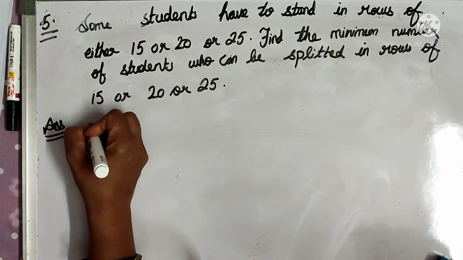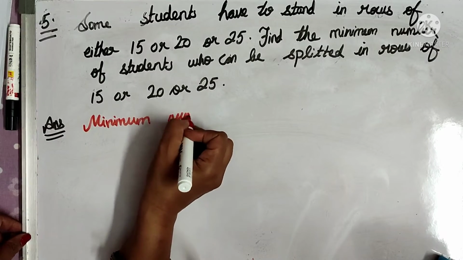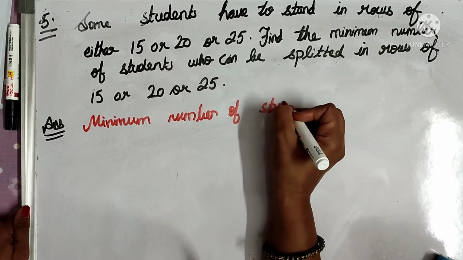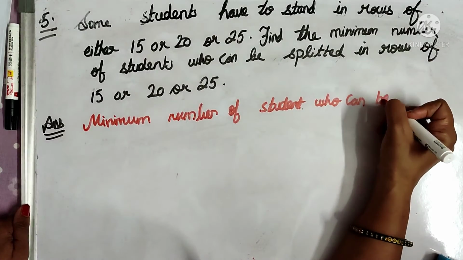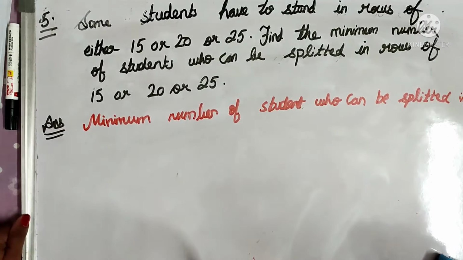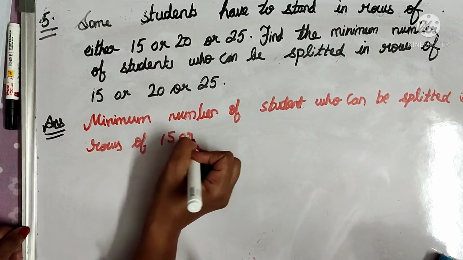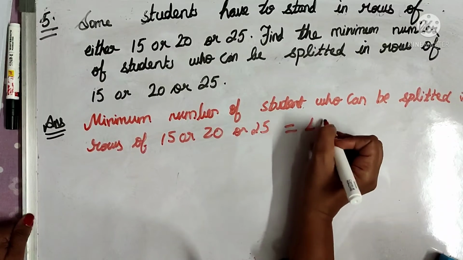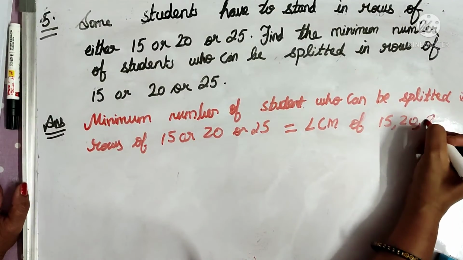So we will write in this way: minimum number of students who can be split, that means who can be divided, in rows of 15 or 20 or 25 is equal to the LCM of 15, 20 and 25.